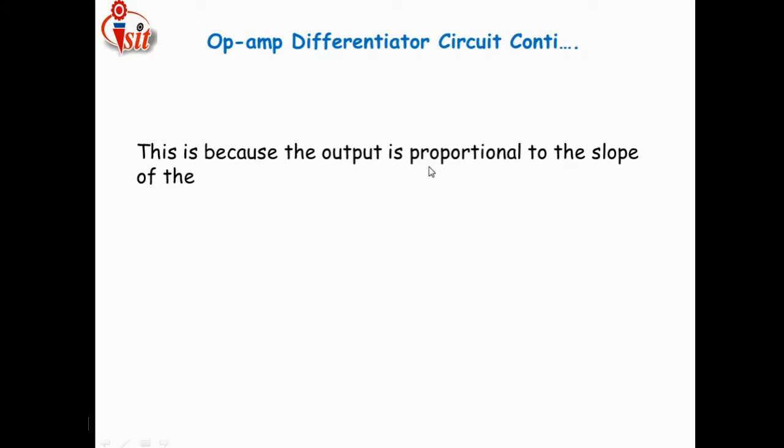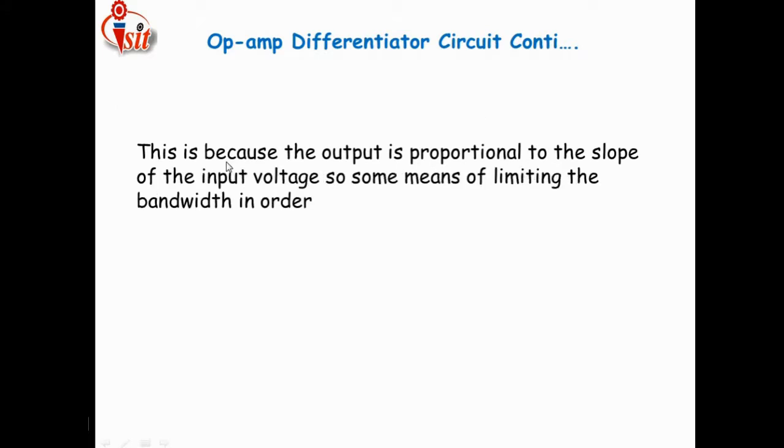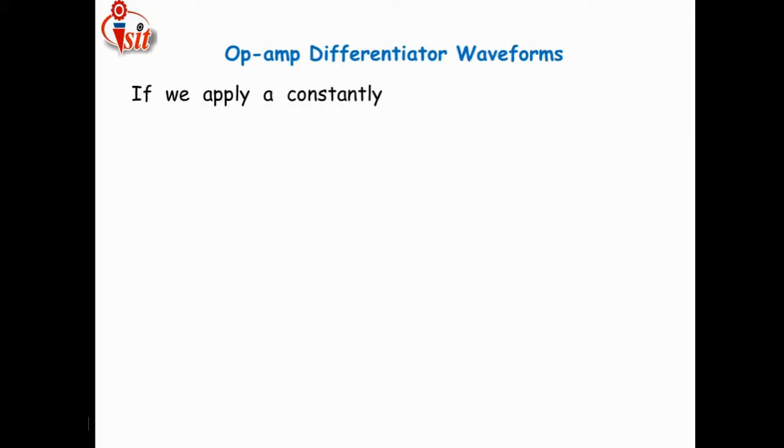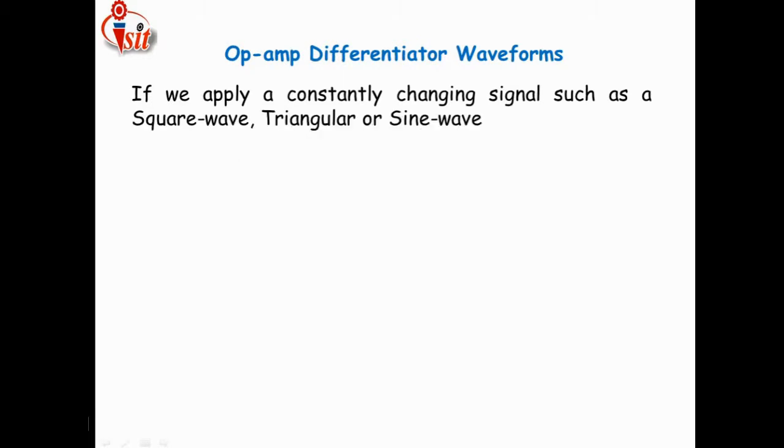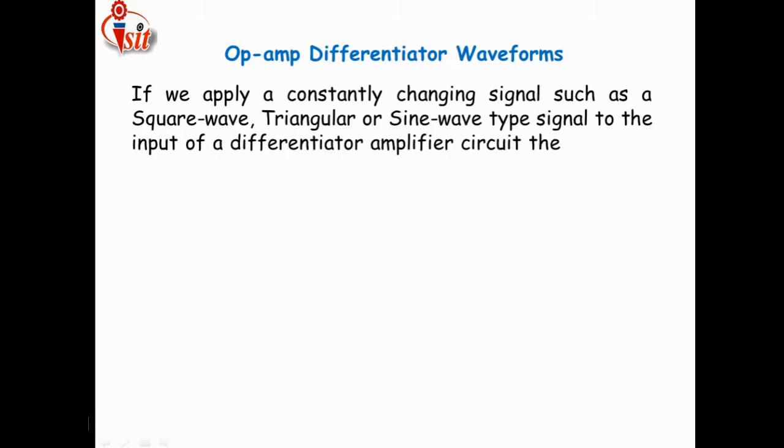This is because the output is proportional to the slope of the input voltage, so a means of limiting the bandwidth in order to achieve closed loop stability is required for that op-amp. For providing that stability, some rules are designed.